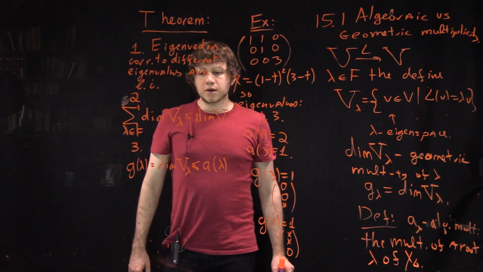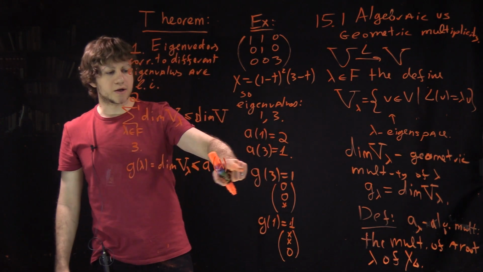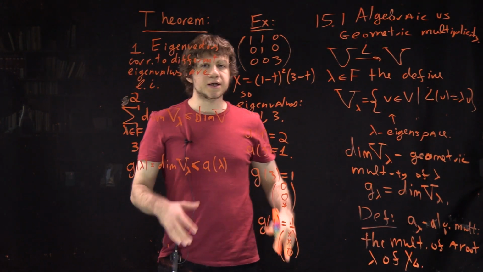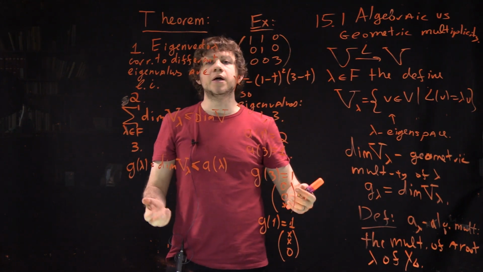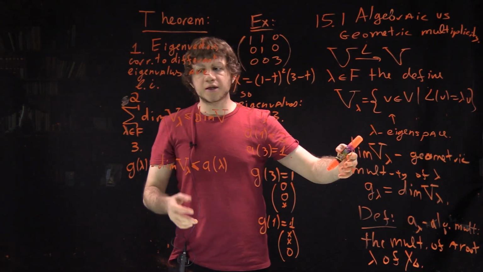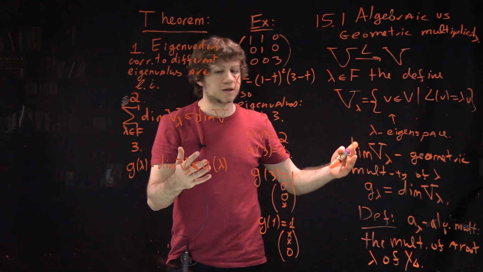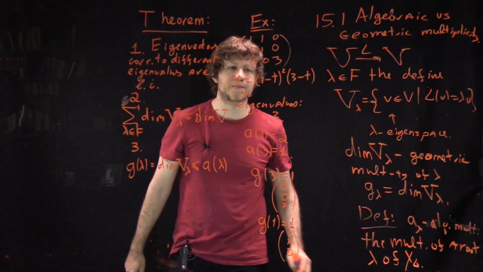So unfortunately, or maybe fortunately, that makes the subject more interesting, it's not true that these are equal to each other. Though you can easily understand all eigenvalues of a linear map just by looking at the characteristic polynomial, you cannot understand exactly how big the spaces are. In particular, it's not true that they always have the maximal dimension they might possibly have, being this A of lambda.